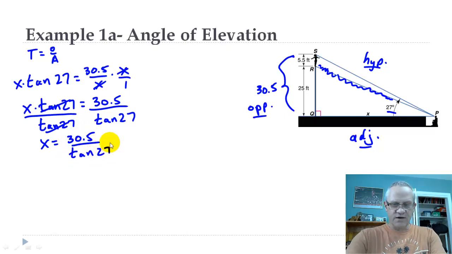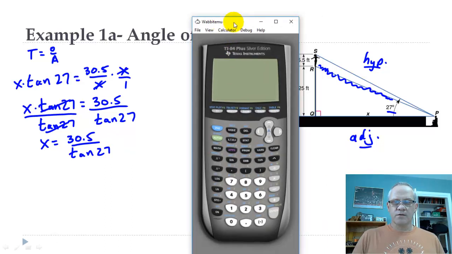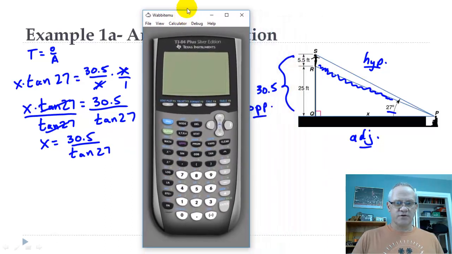All right, and so now, calculator. Let's drag our calculator over here. We're just going to type this into our calculator: 30.5 divided by the tangent of 27.